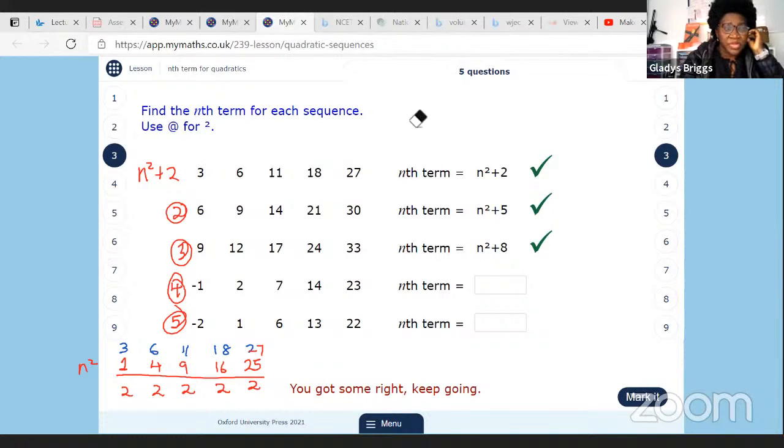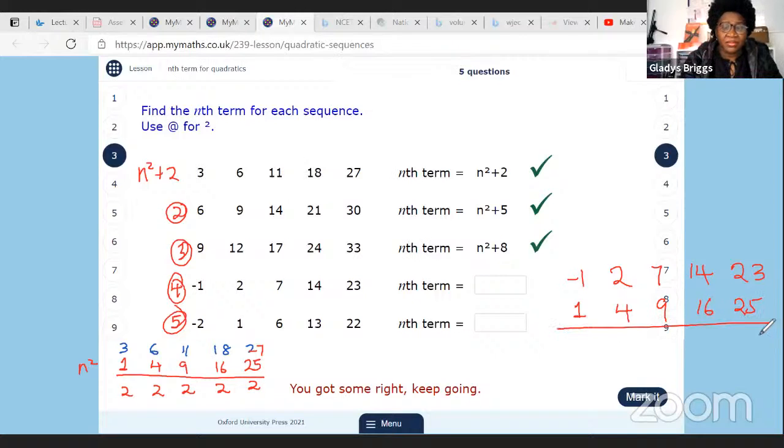We also have on here -1, 2, 7, 14, and 23. And we put it here as 1, 4, 9, 16, 25.